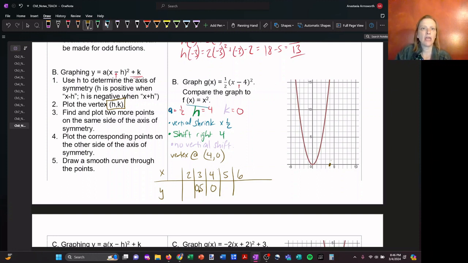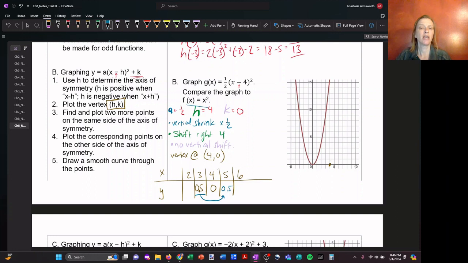Now, if I'm certain that 4, 0 is my vertex, then I know that inputting 5 into the function will also give me 0.5 as my output value, because parabolas are symmetric and my vertex is on my axis of symmetry, so I can plot the symmetric point on the other side of the vertex.